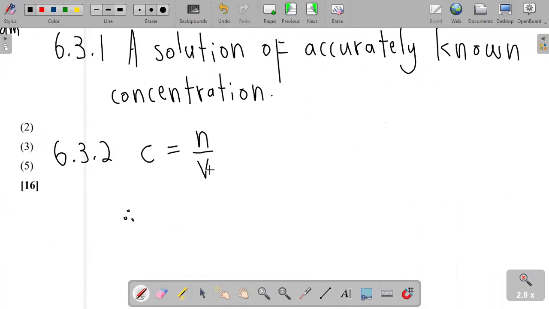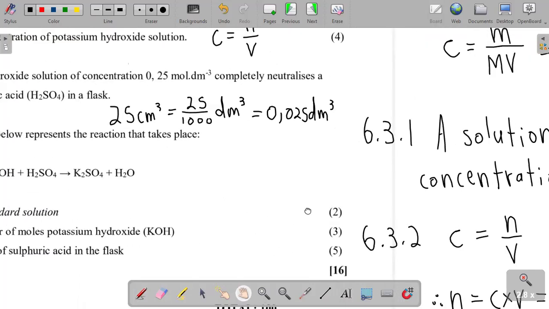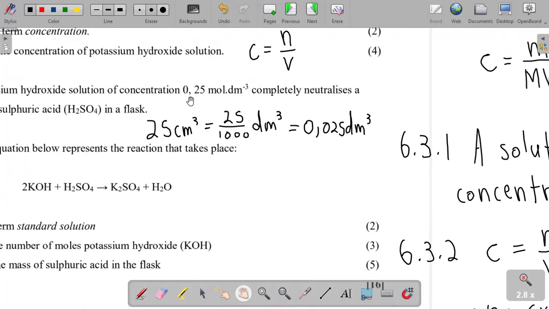So we're going to multiply the two, C and V. So n will be equal to C multiplied by V. Our concentration here, they gave us 0.25.